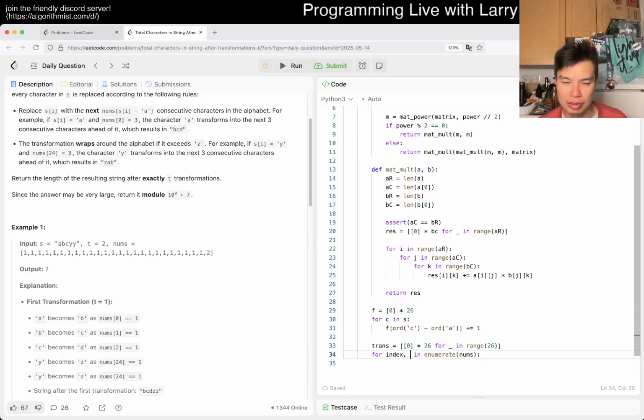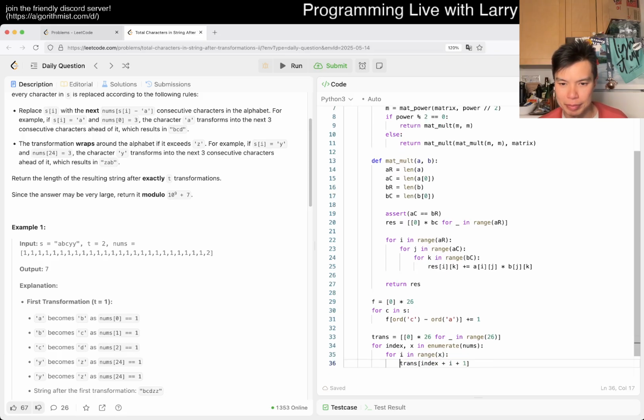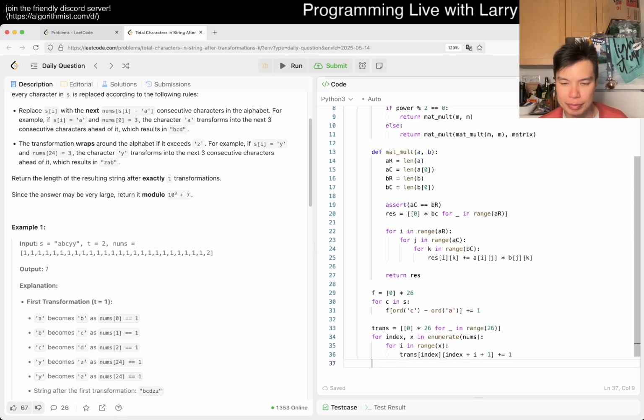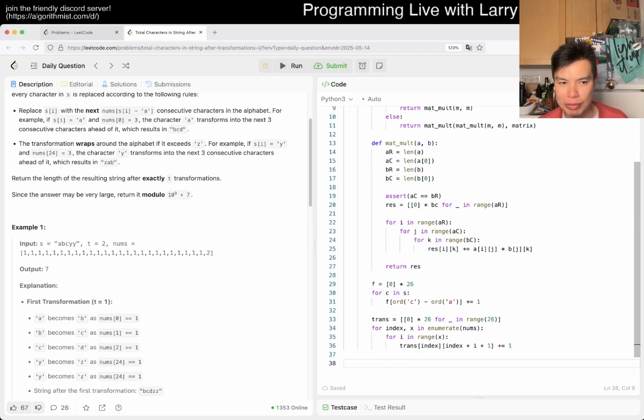Oh no, x is not here. Index is the character. So now it is going to be trans of index plus x, except you have to loop over x, so plus 1 maybe, depending on how you write the loop, but something like this. I think that's roughly it. And then now we have to do the f times trans, and we should be good.